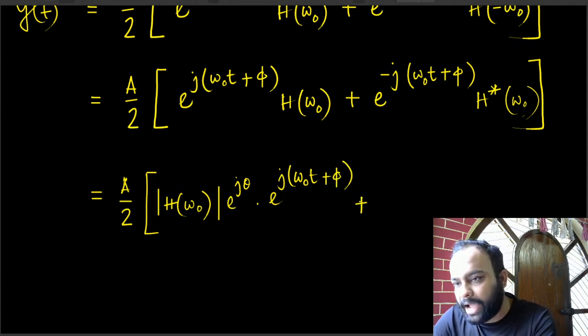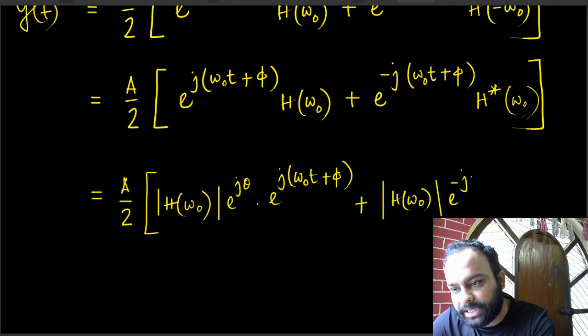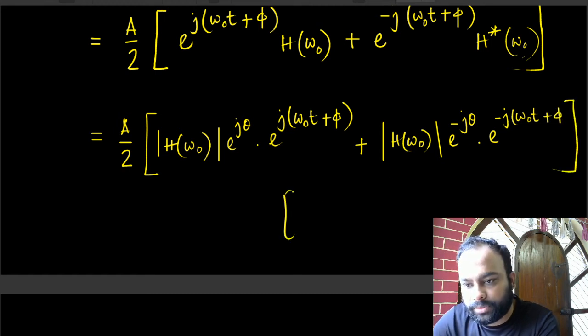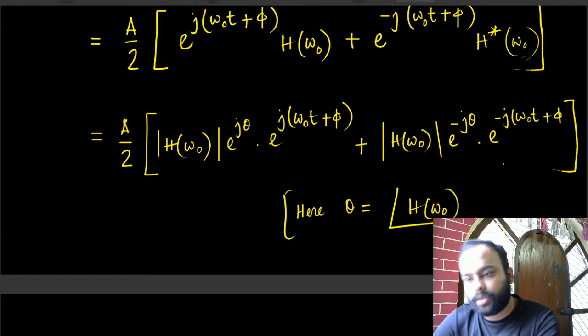And here I have mod H omega naught e to the power minus j theta, of course since this is a complex conjugate, and I have e to the power minus j (omega naught t plus phi). Here theta is nothing but the angle of H omega naught, right?